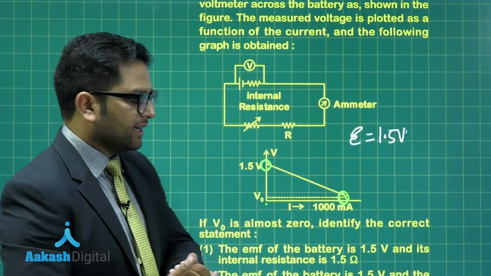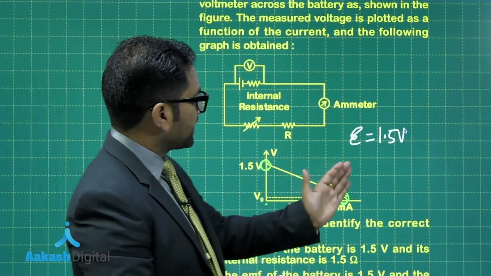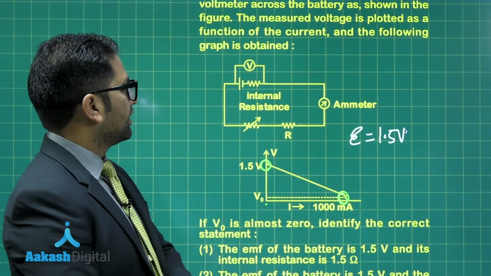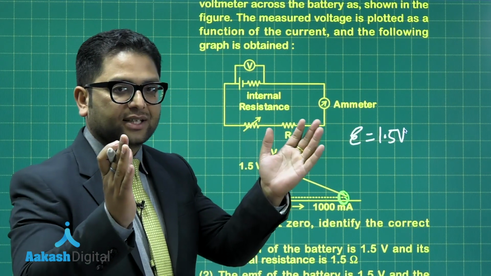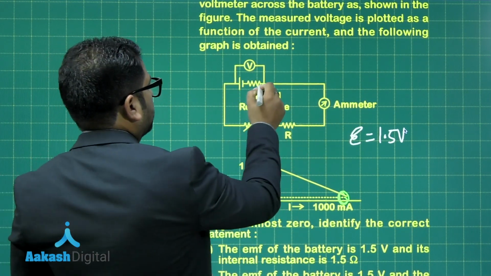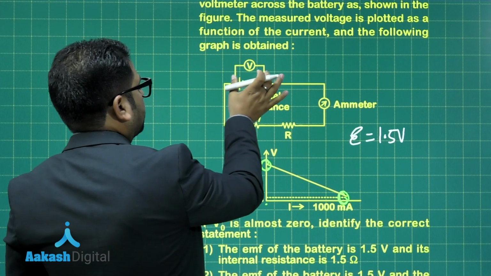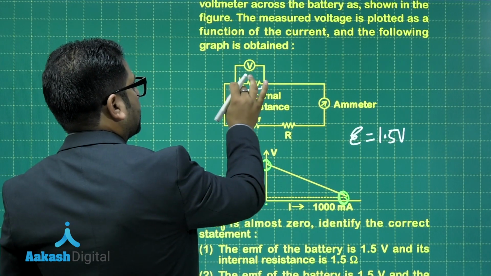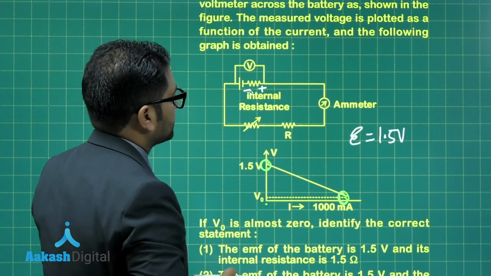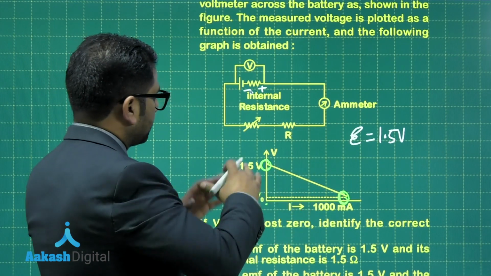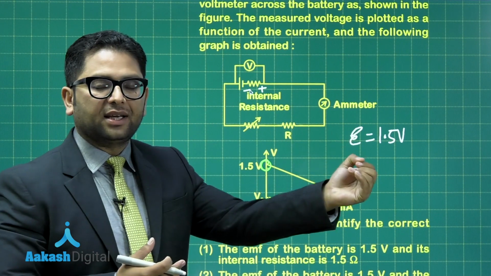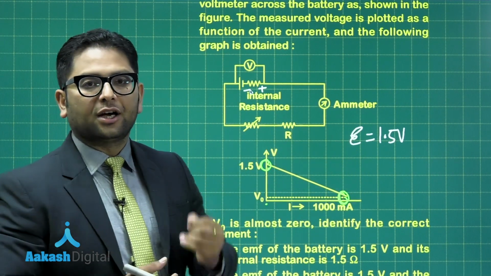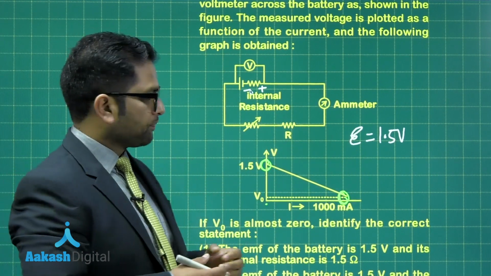After that, one more thing. Let's just focus here. When the current is 1000 milliampere, the potential difference across the battery is 0. So when the current is there, when you calculate the net potential difference, that will be EMF minus potential difference of the resistance. The two potential differences would be subtracted to give the terminal PD, and that terminal PD is the reading of the voltmeter.